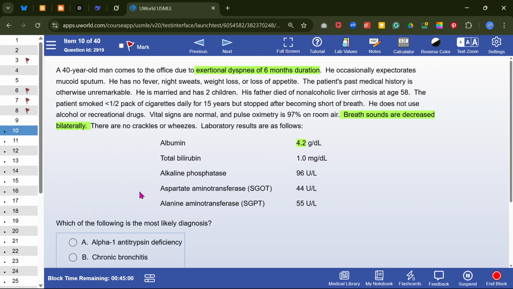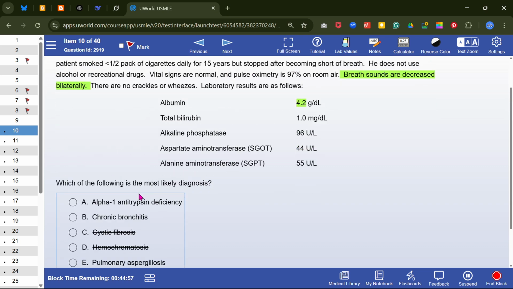It looks like alpha-1 antitrypsin comes with lungs and liver. Where is the liver? Not that high. Is it significant?